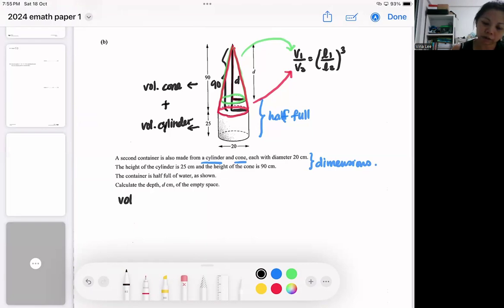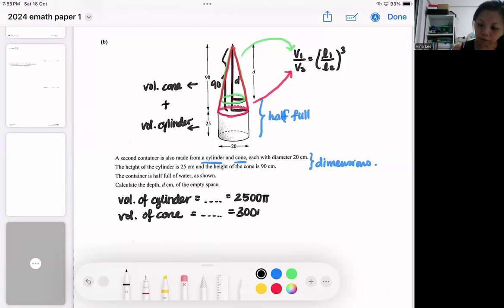Okay, so volume of cylinder. I will not show the working, because I already showed you the general approach. So I'll work out my cylinder. My cylinder ends up to be this. I will work out the cone. You apply the formula, you will be able to apply the formula because all the dimensions are given.